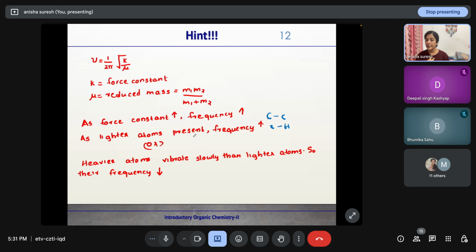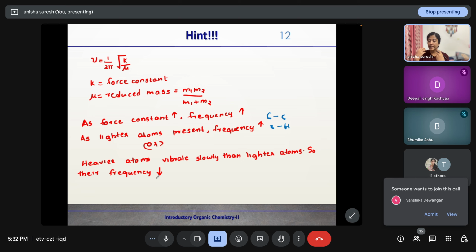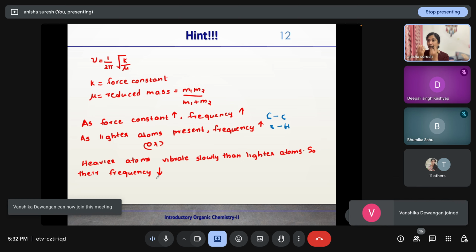That is because of the presence of lighter atoms. Heavier atoms vibrate more slowly than the lighter atoms, so their frequency will be decreasing. So these factors have to be considered while we consider the IR stretching frequency of the molecule. In our case, we are considering the carbonyl stretching frequency, and for the carbonyl stretching frequency to increase, there should be the presence of an electron withdrawing group, or we can say an electronegative atom.